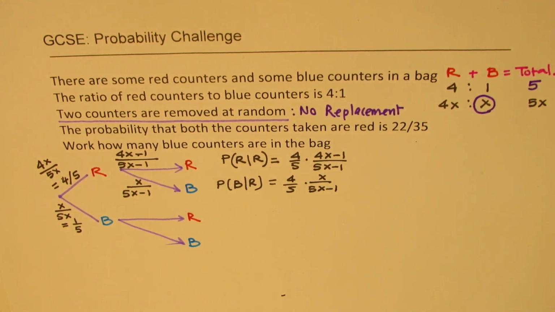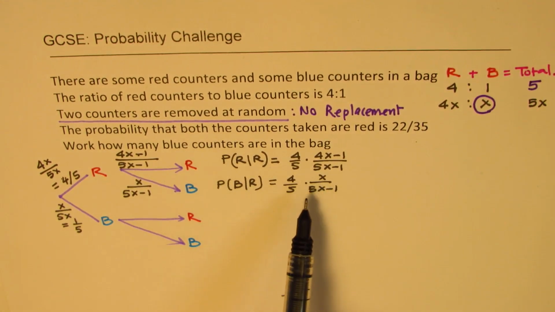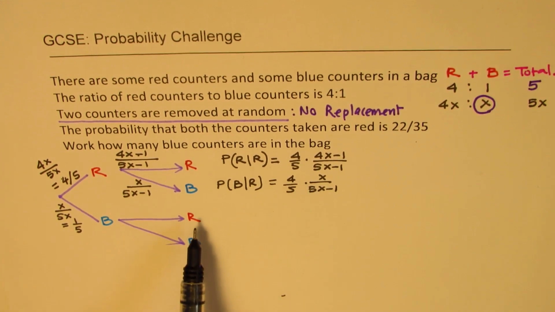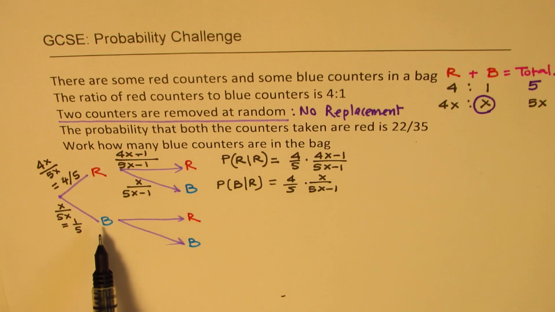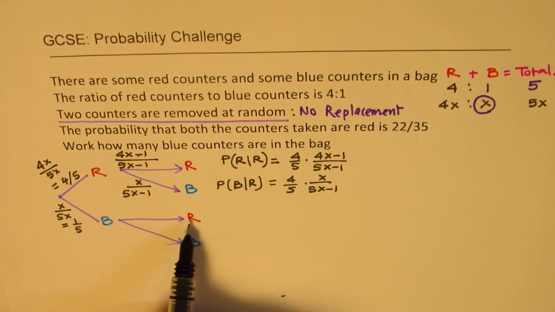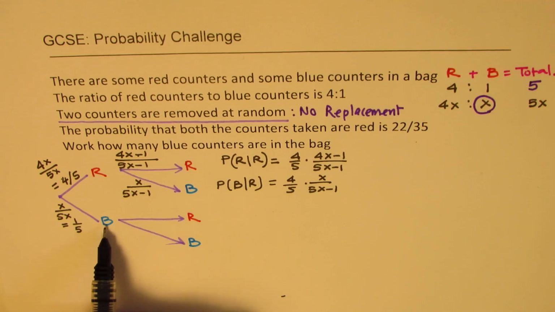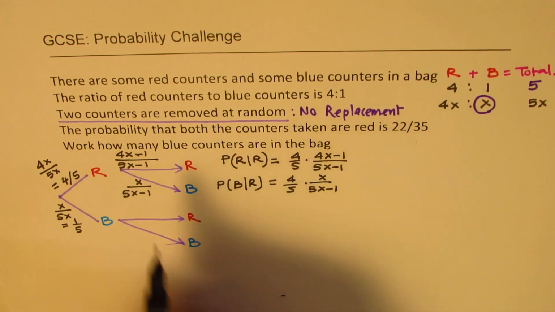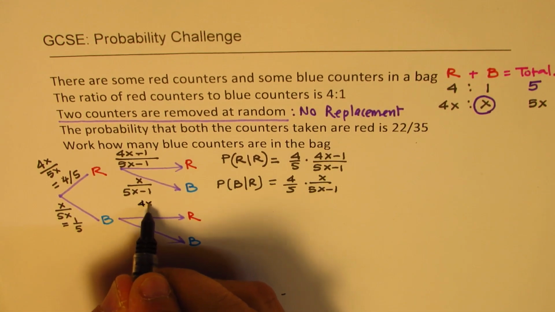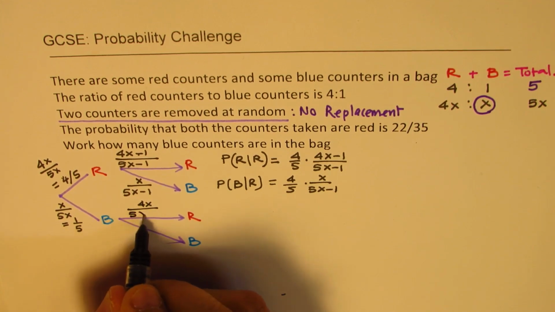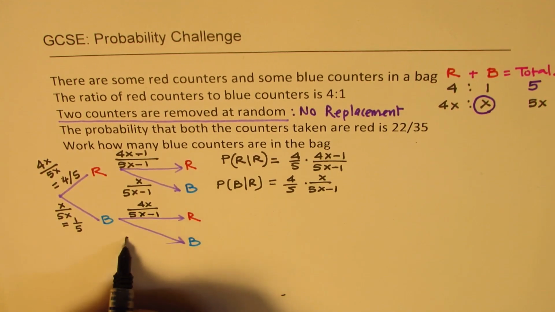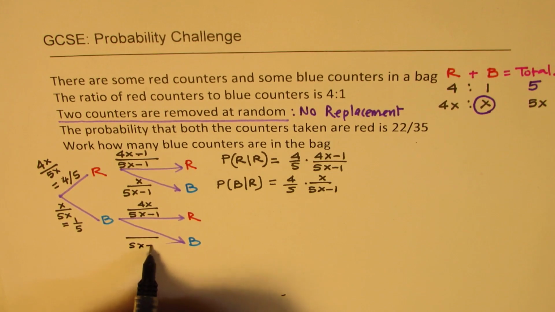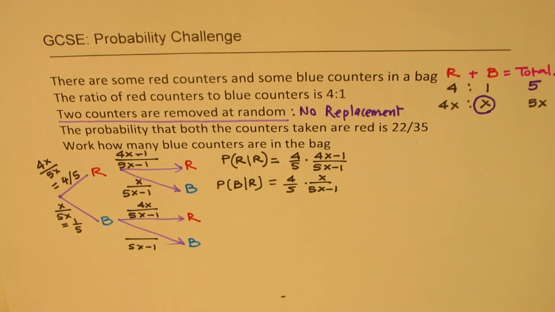Perfect. No problems. Correct. Now with that concept in mind, you can actually pause the video and write down the probabilities for red after blue and blue after blue. Correct? Okay. So let's continue. Here for red, we did take out blue earlier, so we already have 4x red. So it is 4x over 5x minus 1. So in the second case, 5x minus 1 will be in your denominator. Perfect.